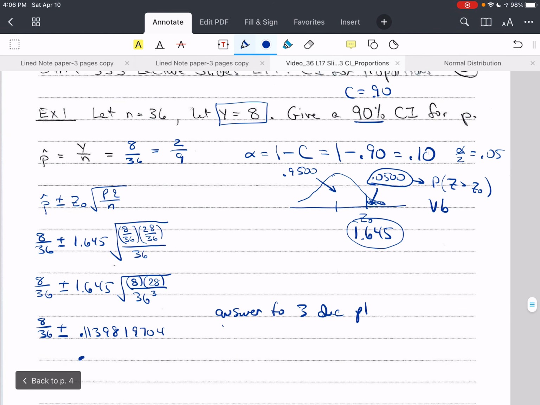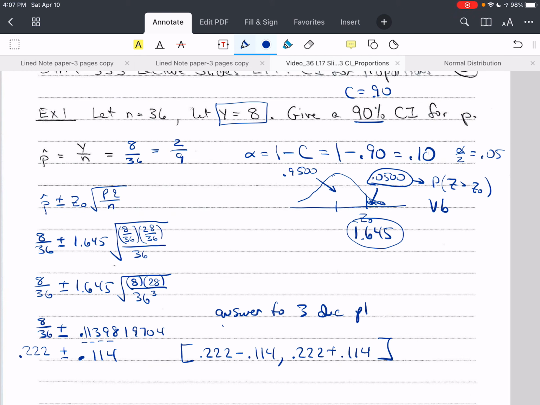So this is going to be 0.114. And 8 over 36 to 3 decimal places is going to be 0.222. So my lower number is 0.222 minus 0.114, and my upper number is 0.222 plus 0.114. And this is going to be 0.108, and this is going to be 0.336.